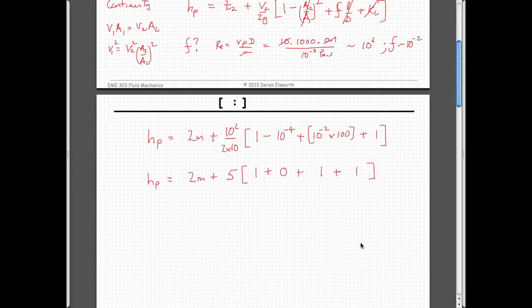And so if you convert this, this gives you the pump head. And actually, we also know that pump head is equal to what? Number of watts divided by mass flow rate multiplied by g.